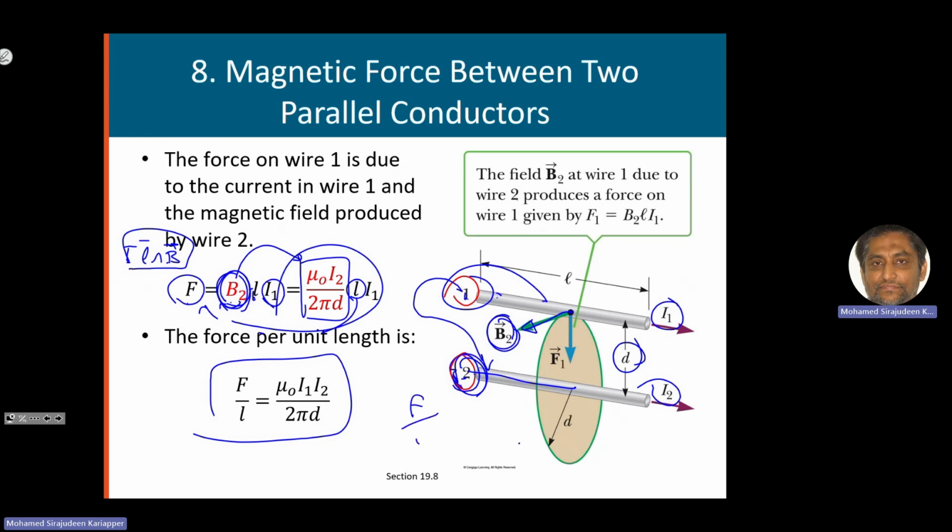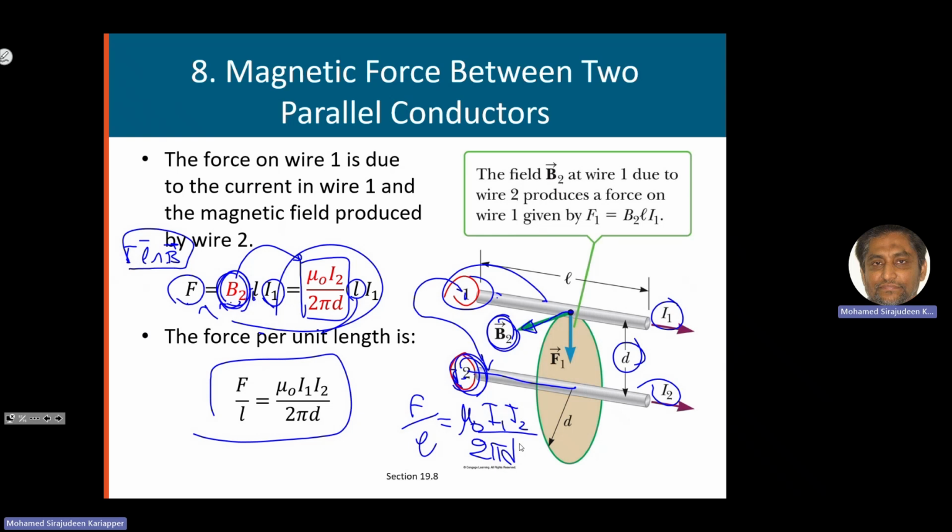So when you have two wires kept parallel to each other, they will exert force on each other given by this magnitude.